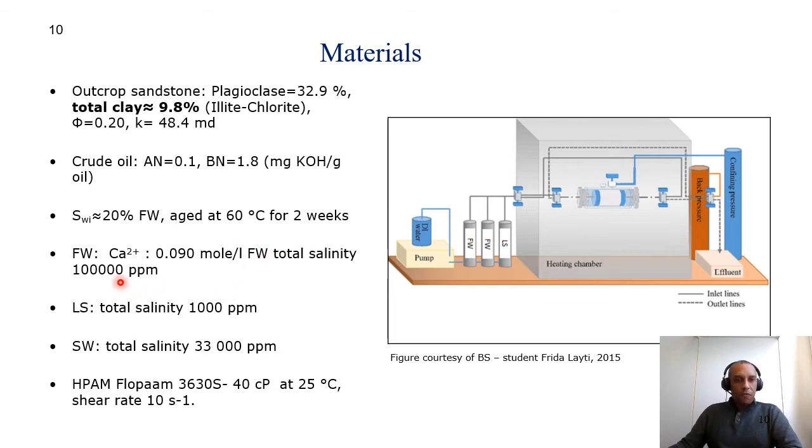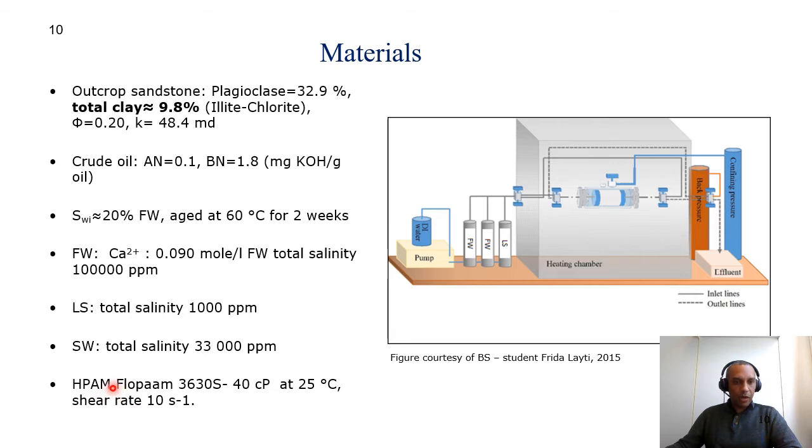We used a formation water for restoration with approximately 100,000 ppm. The low salinity brine was a 1,000 ppm sodium chloride brine. The seawater composition had a total salinity of 33,000 ppm, based on the composition of North Sea seawater.